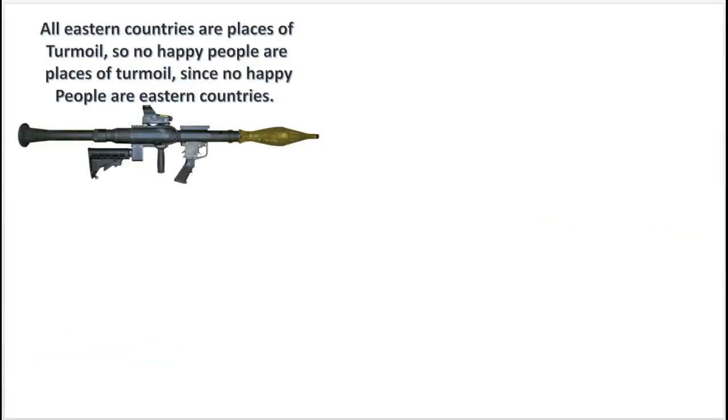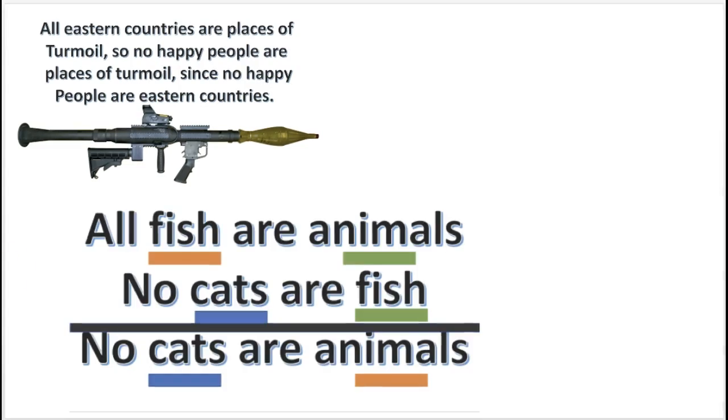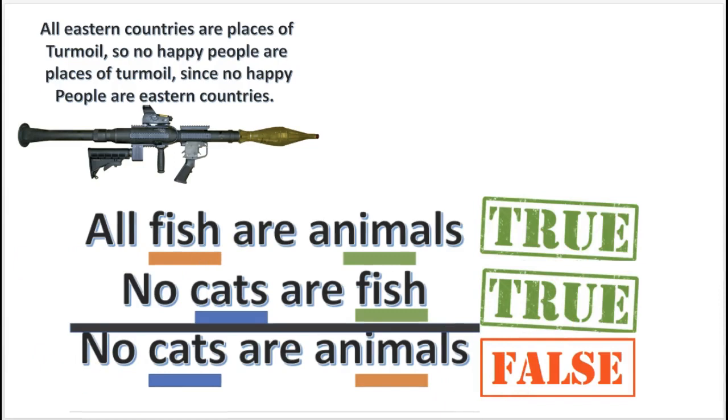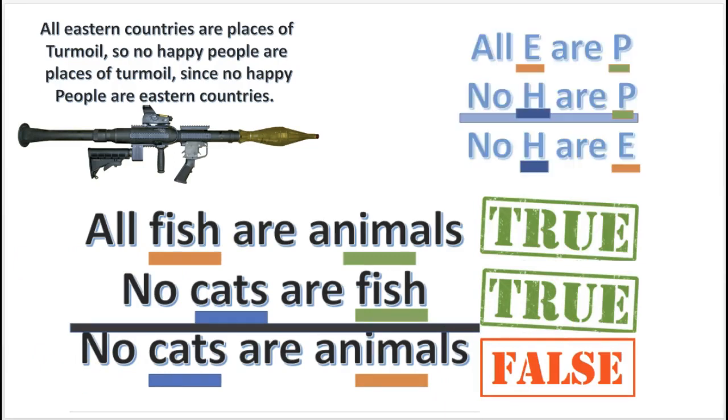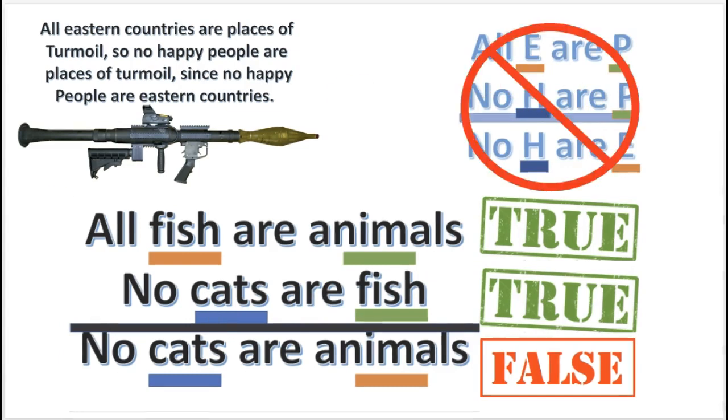So again, you take the original argument, you find the form, you change the terms into simpler terms to where you get true premises and a false conclusion. Now if you can get true premises and a false conclusion, then you know that the form is invalid. Now, if the form is invalid, then the original argument is invalid.